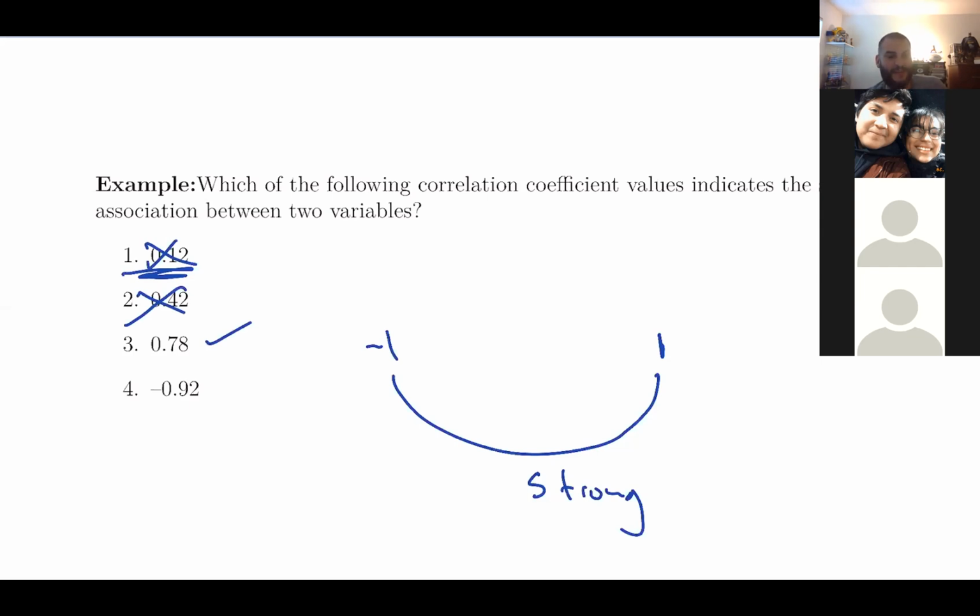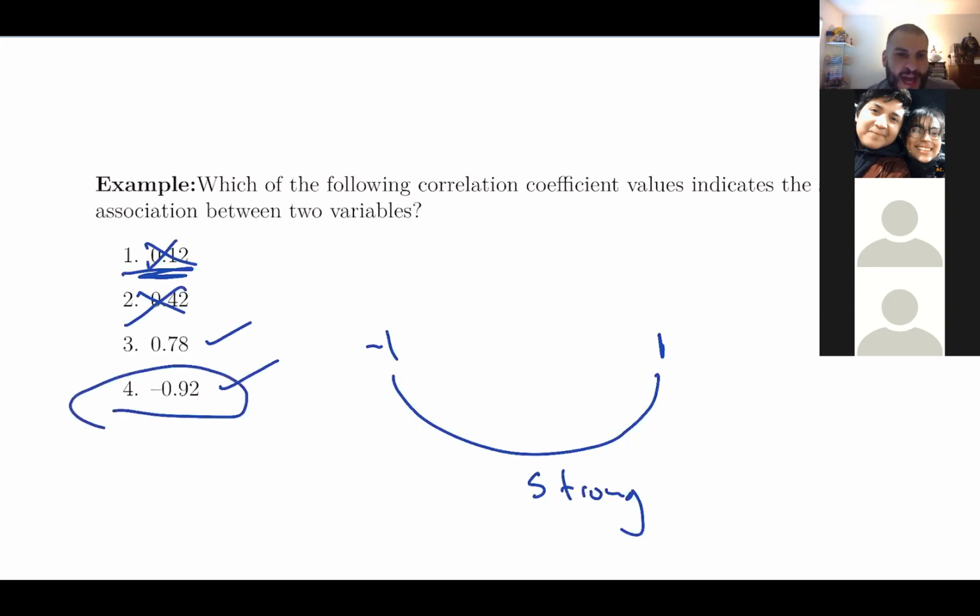What about -0.92? Is -0.92 pretty close to -1 or +1? Yes, it's close to -1. But which one's closer to -1 or +1? Is 0.78 closer to +1 versus -0.92, which is closer to -1? Which one's closer? -0.92.